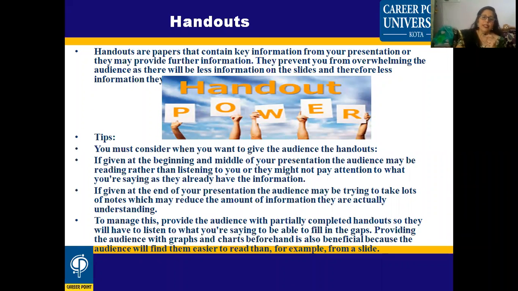You can even provide certain charts and graphs beforehand, prior to starting your presentation, so that they may receive certain ideas of what you are going to convey and what they have to receive out of your presentation. The motto by which you are delivering the presentation, the audience should also connect in the same way, and they should receive the same message that you wish to deliver to them.